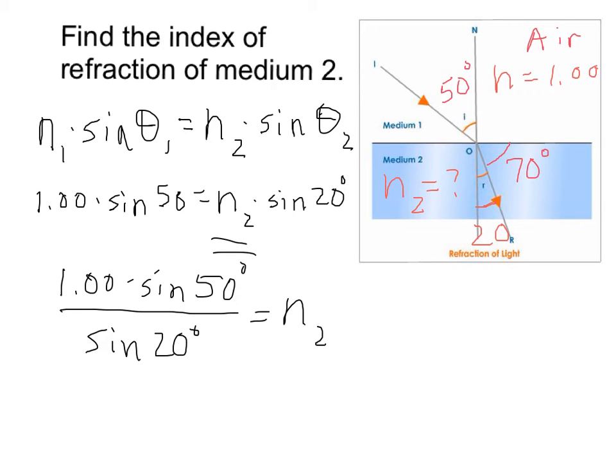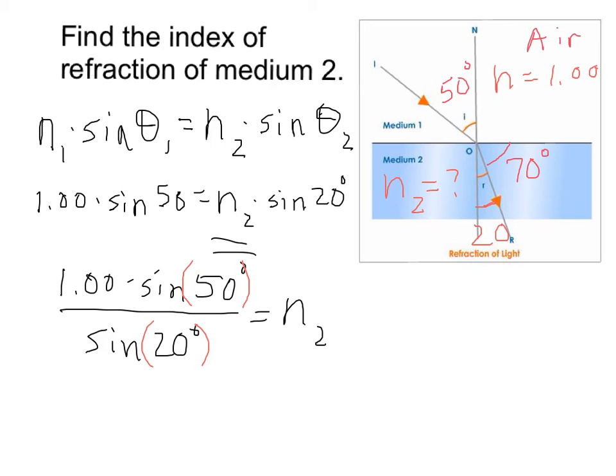I'm going to caution you to make sure you close your parentheses properly. Just to emphasize where these go, I'll draw it in red. You have to put an open parenthesis right after the sine function. Now your calculator will do that for you, and then you'll close it after the 50, and similarly you're going to have to put parentheses around the angle 20. Shouldn't need any other parentheses in this particular situation.